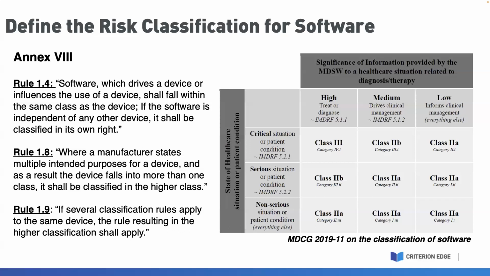There are some definitions and some examples in MDCG 2019-11, but there's questionable relevance, or helpfulness, I guess I could say, about how useful those examples really are. And there's a lot of back and forth as to whether or not those examples are contradictory in and of themselves. But the general idea is that they have these classifications from 1 to 3, so 1 is the lowest classification.